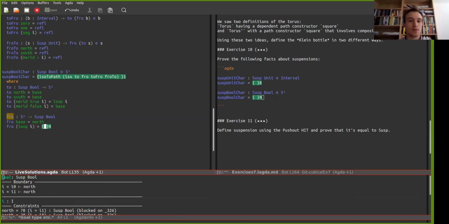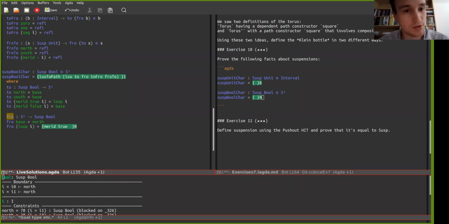And then we have to give a path from north to north. We only have paths from north to south though, but we can of course compose them.